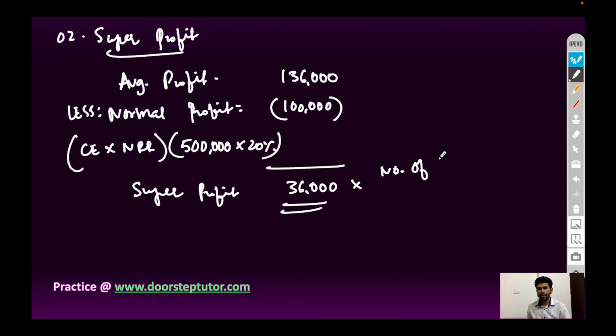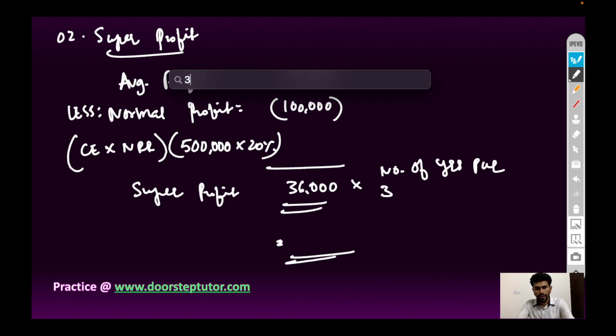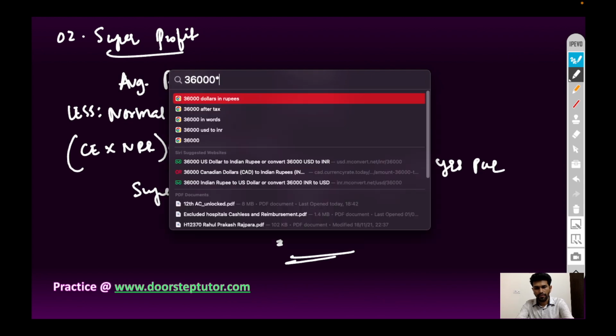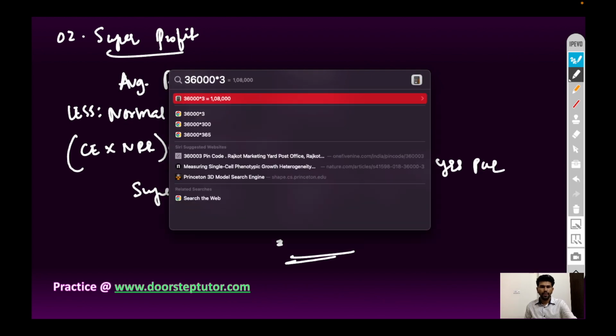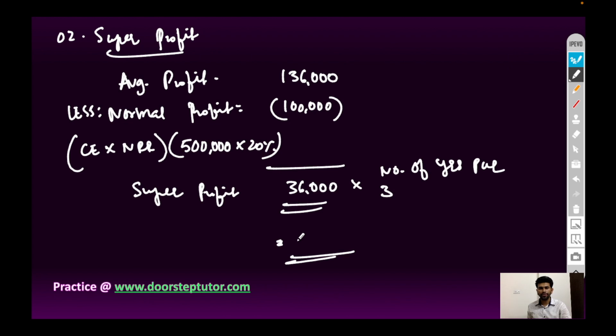Multiply by number of years purchased, that is 3, gives 1,08,000 rupees. 1,08,000 rupees is the amount of goodwill under super profit method.